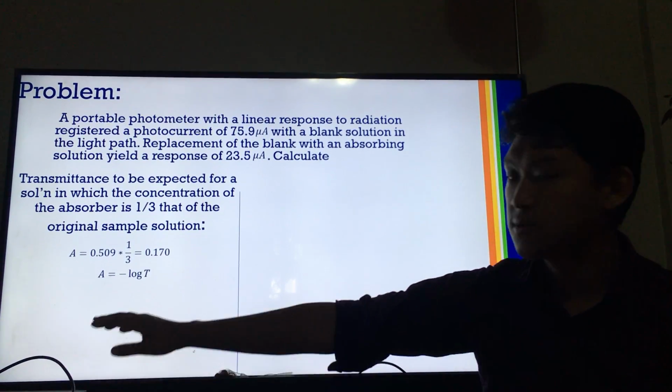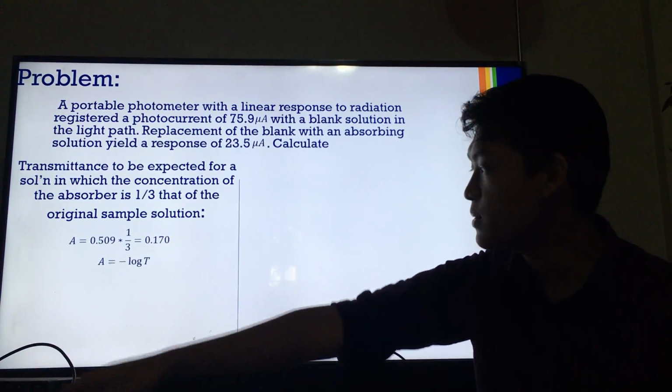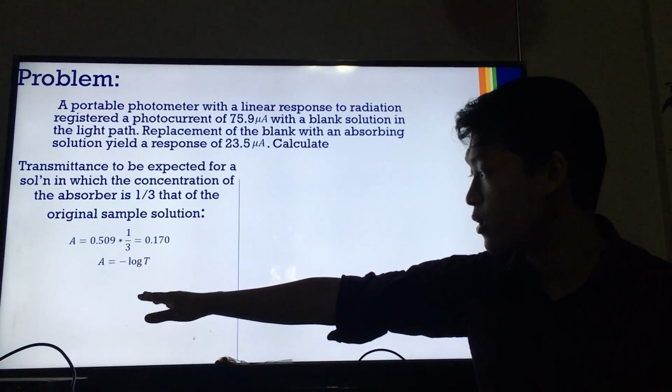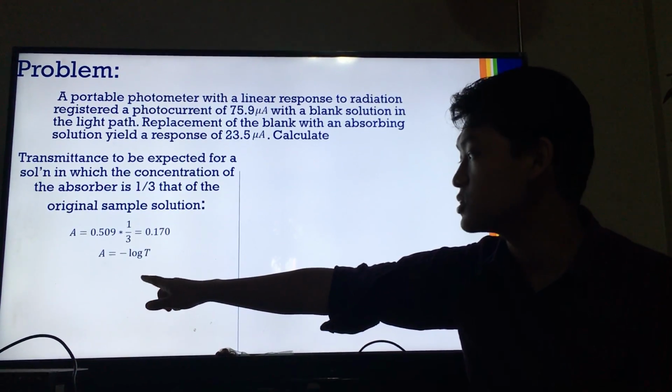So now that we know the absorbance, from the derived formula that we have before, to obtain T, this is the best formula to use.